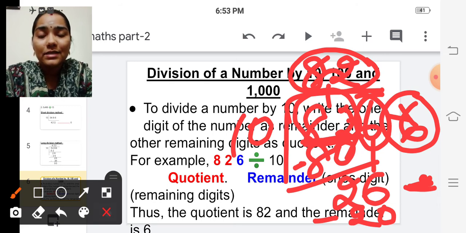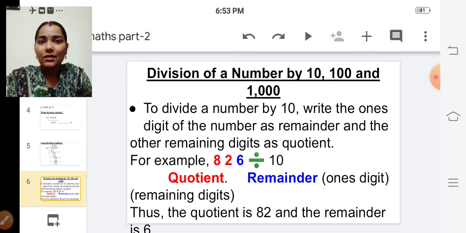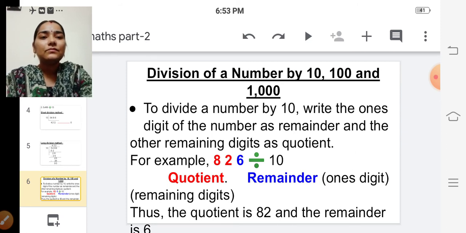So it is very easy, isn't it? If the divisor is 10, then the ones digit of the dividend is the remainder and the remaining digits of the dividend are the quotient. Is it clear, children? Yes.